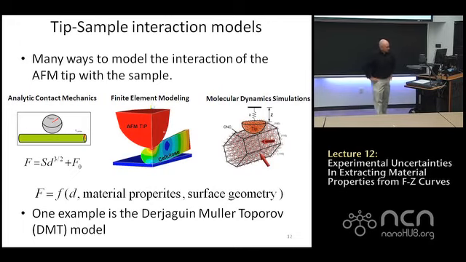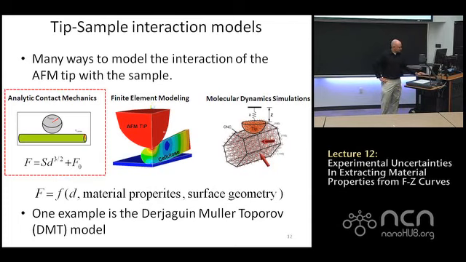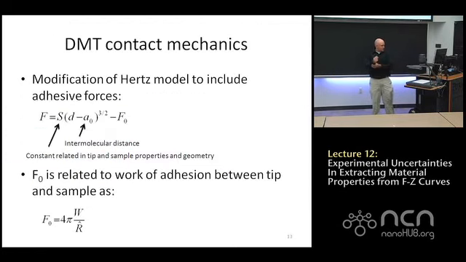But bottom line is you're going to have force as some function of D and the material properties and the surface geometry. And the example I'm going to talk about is the DMT model. I'm not going to try to say those guys' names so I don't slaughter the pronunciation, but those are the guys that wrote the model. So DMT is simply a modification of Hertz contact to include adhesive forces.